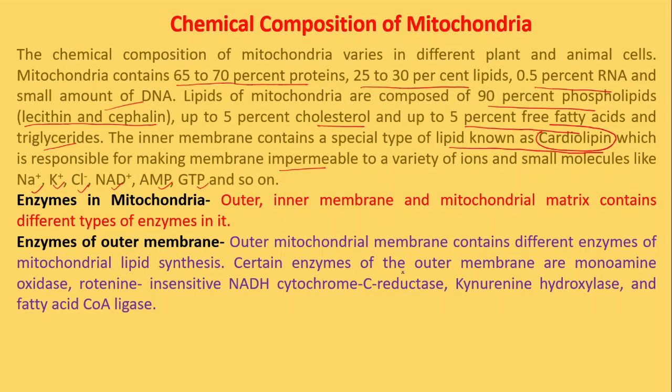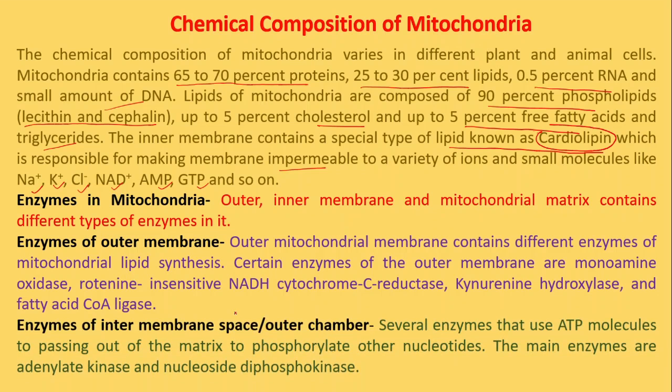Certain enzymes present in the outer membrane are monoamine oxidase, rotenone insensitive NADH cytochrome C reductase, kynurenine hydroxylase, and fatty acid CoA ligase. So all these are the enzymes present in the outer membrane.